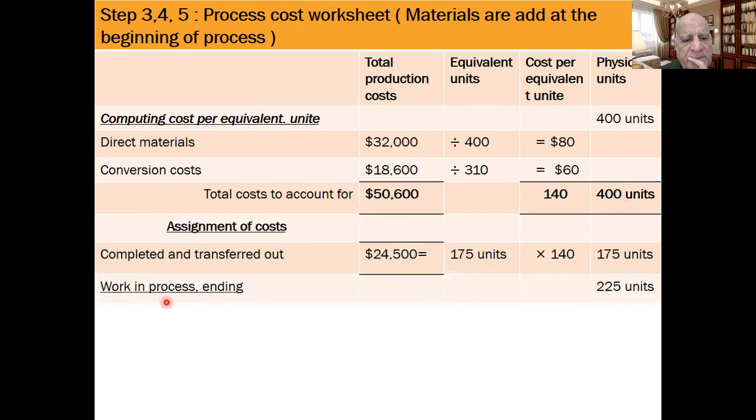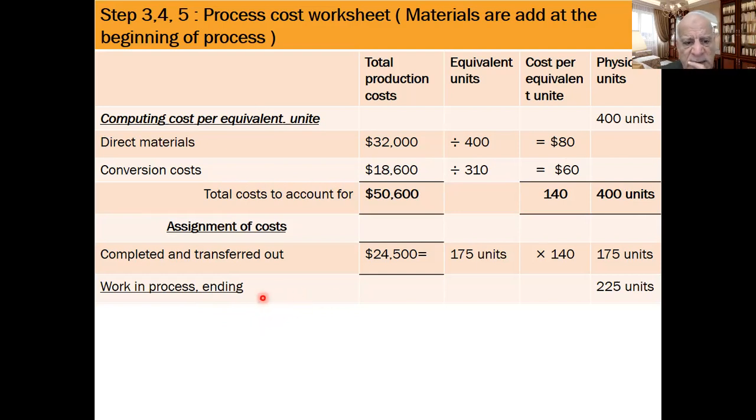As for the work in process at the end of the period, these units are not complete as for all the cost elements. They are completed from the point of view of materials, but uncompleted from the point of view of conversion costs.